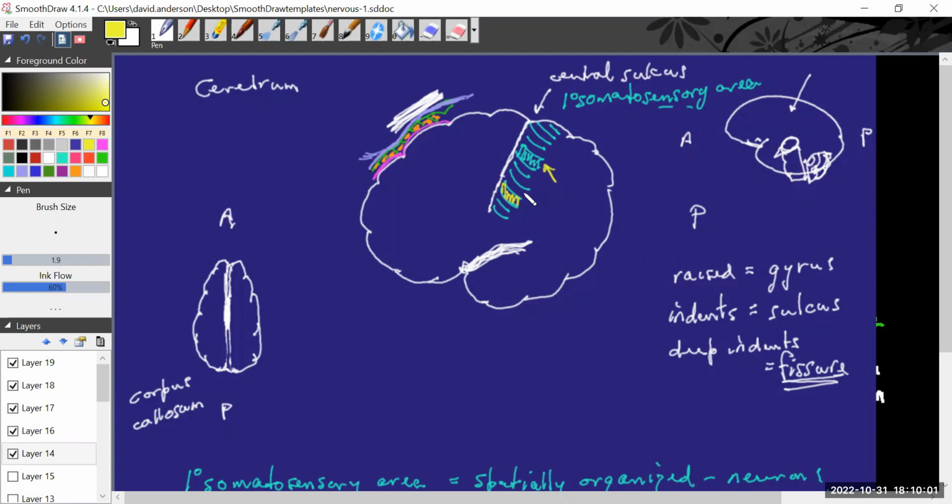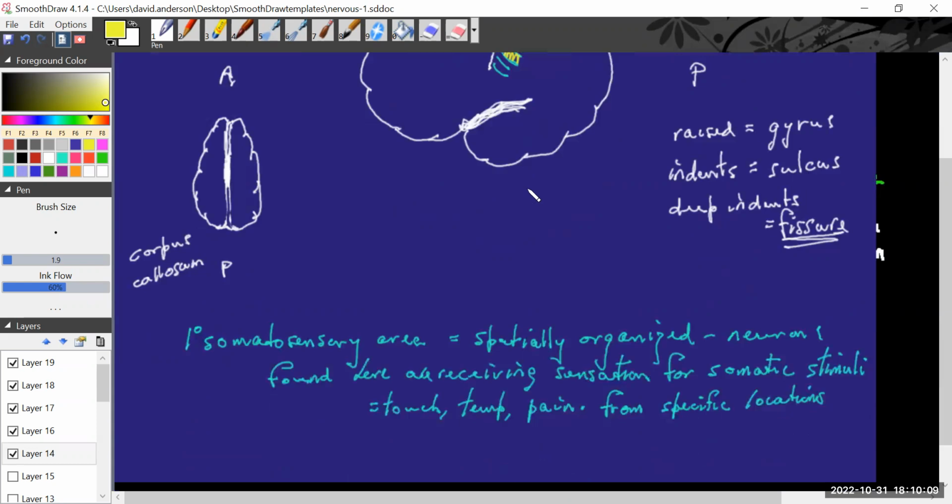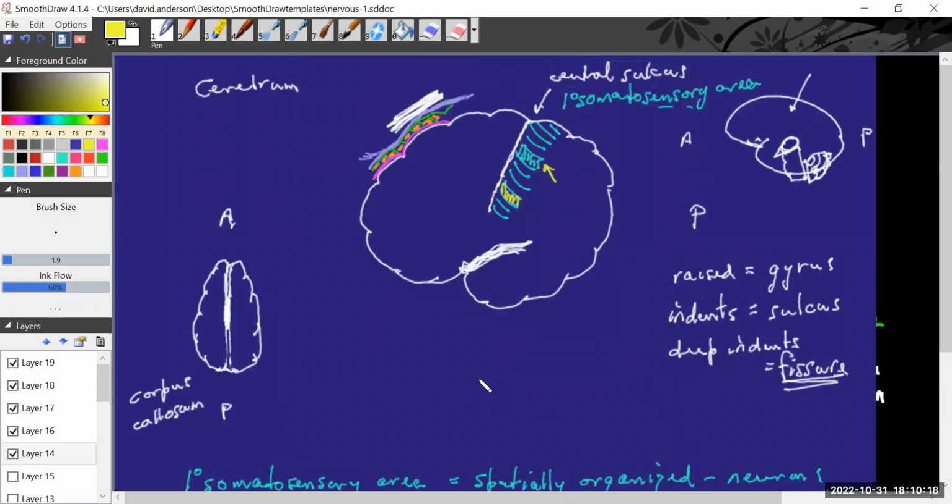So that takes care of a group of neurons responsible for somatic sensation. And we know somatic sensation is pain and temperature and touch from receptors in the skin, right? So now we have special sense.